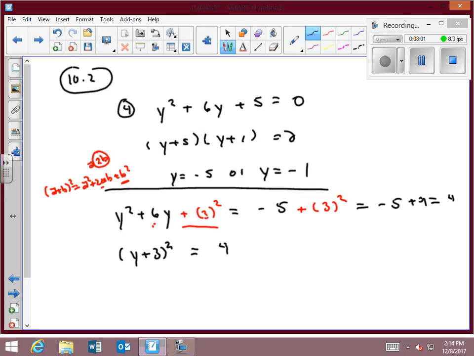So I have a complete square on the left, and I have some other terms on the right. Now what I have to do with that, I'm just going to rewrite this. I'm not going to always do it this way.